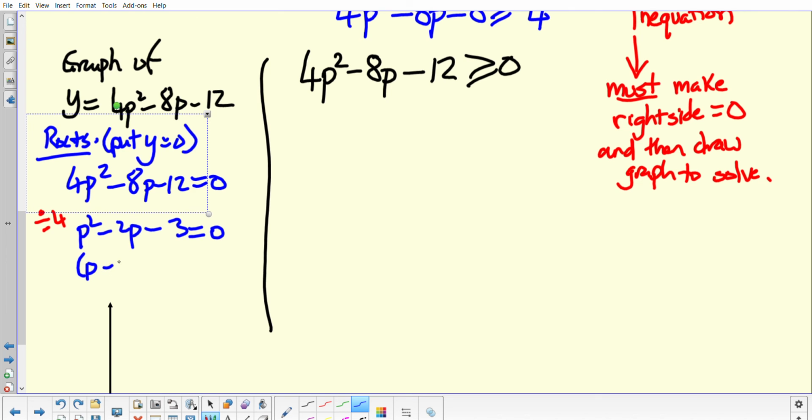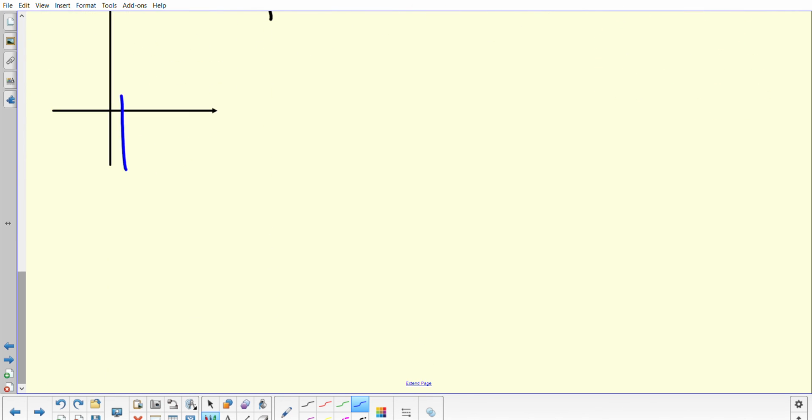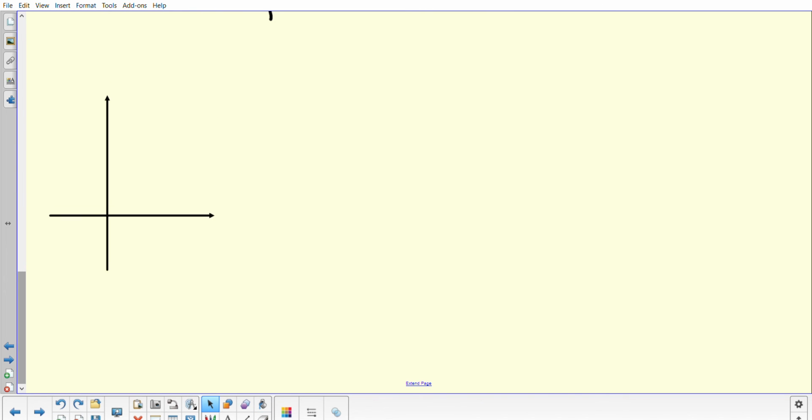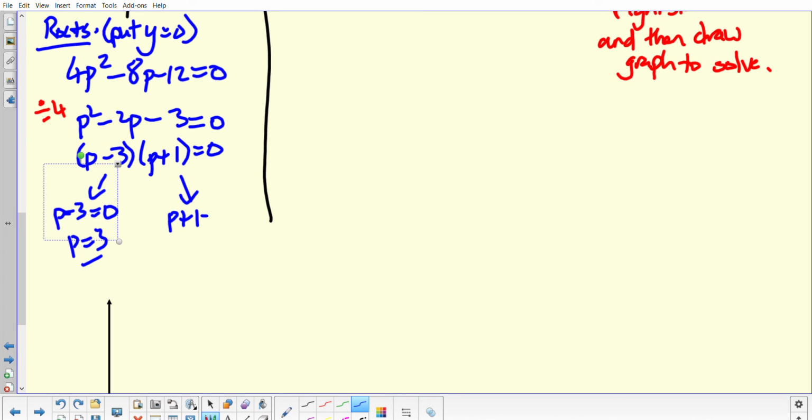I then need to factorise that, so I get p minus 3 and p plus 1 equals 0, and that leads me to my two roots. p minus 3 equals 0, so your root becomes p equals 3, and p plus 1 equals 0, so your root is p equals minus 1.